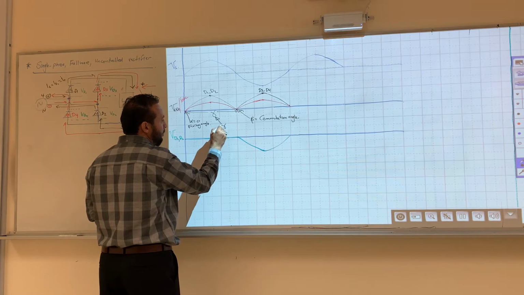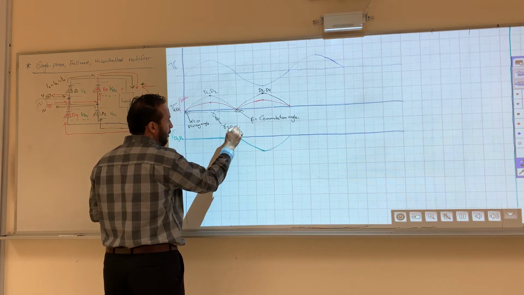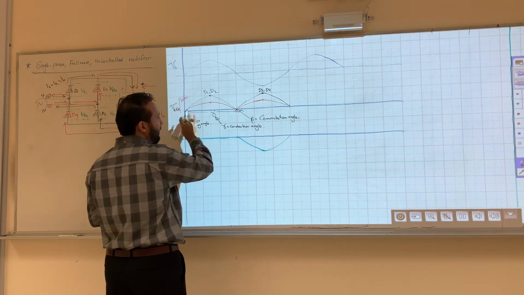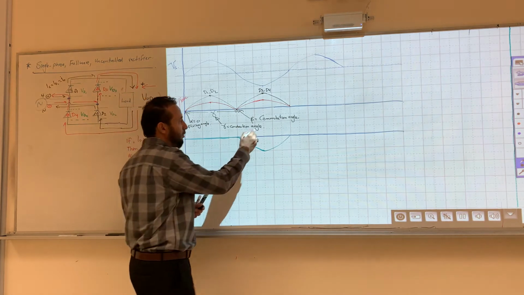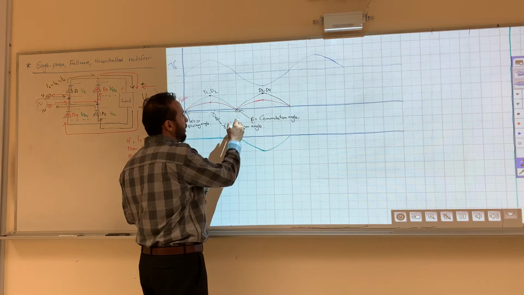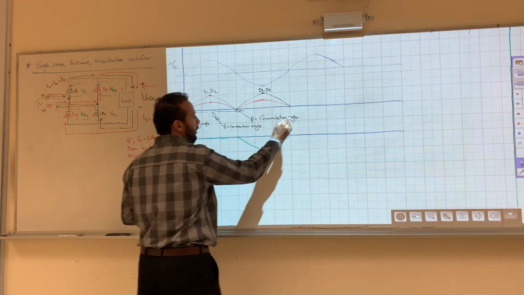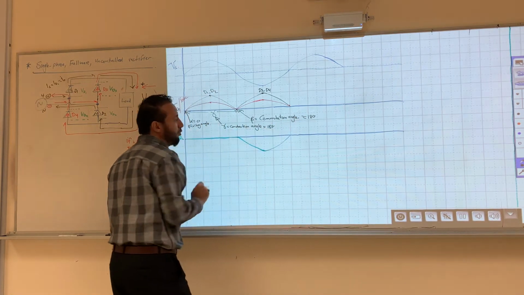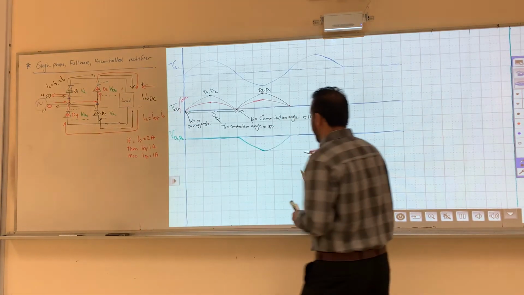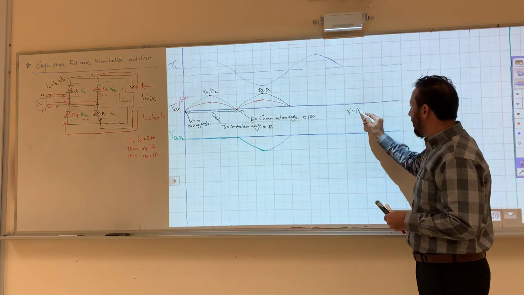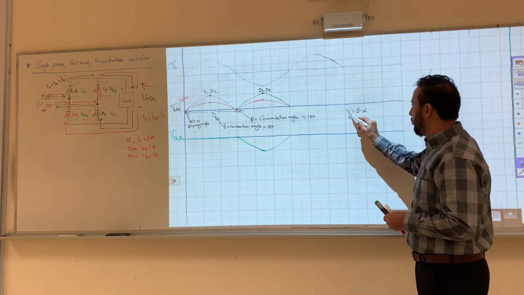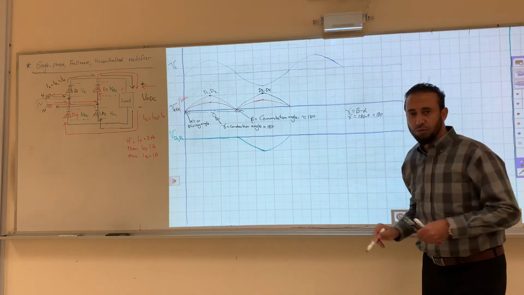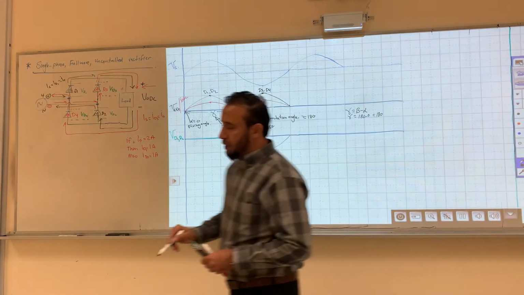This is gamma, which is the conduction angle. And the conduction angle here is 180. In this case, this point is 180, and this is 0. And we know that conduction angle equals beta minus alpha. So this one here equals 180 minus 0 equals 180. We did this last time. Okay?